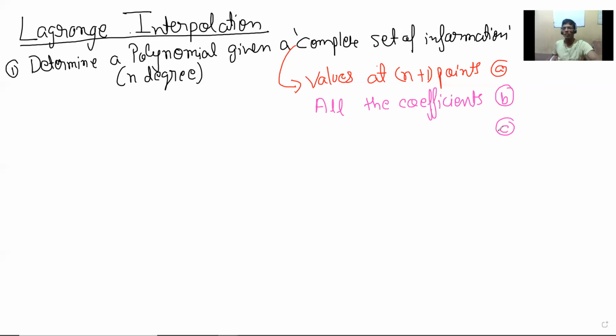If all the coefficients are given to you, then the polynomial is given, right? That's another one. So these are some obvious ones.